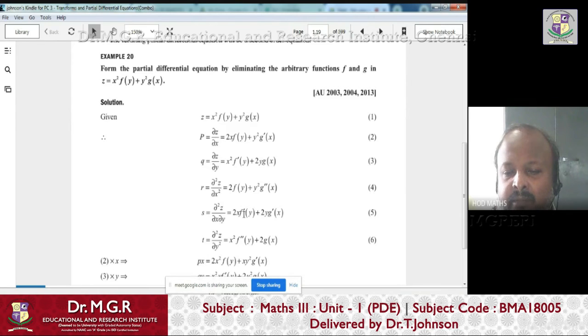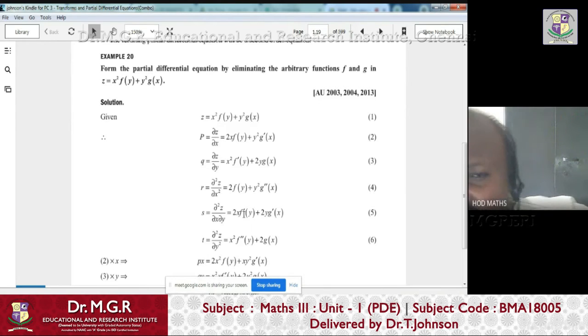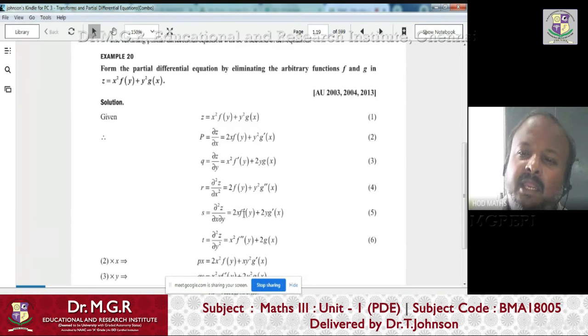Okay, so this is the final example we'll see today. This example says form a PDE by eliminating arbitrary functions f and g. So a function of y and a function of x, right?